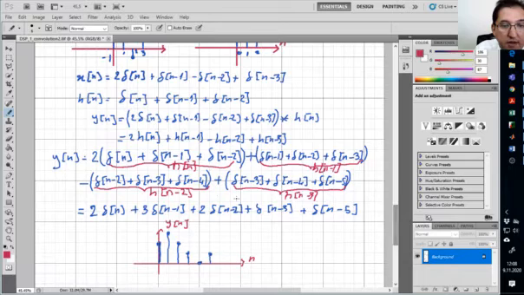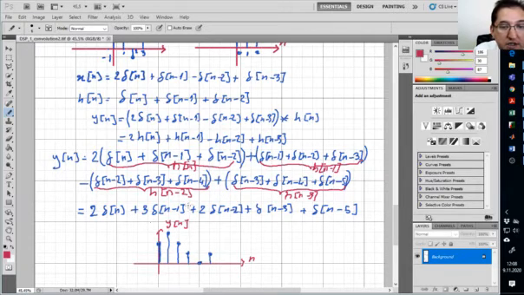Then we do some mathematical operations for the same n's. Here we have 2 delta[n], and there is no other delta[n] here, so we put here 2 delta[n]. And for example, 2 delta[n minus 1] here, one more, 3 delta[n minus 1], and we don't have any more.